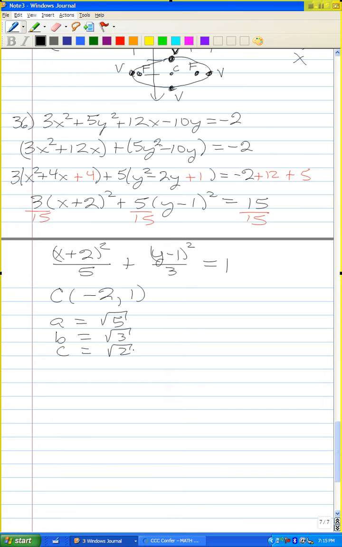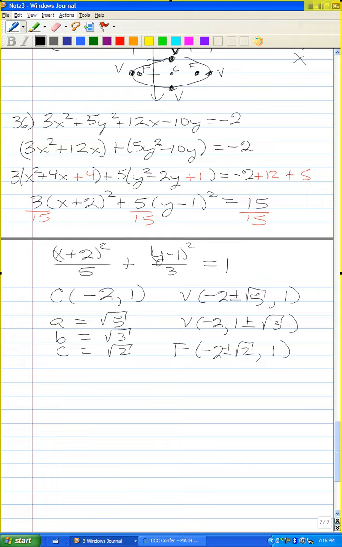And so the vertices are at -2 plus or minus rad 5, 1. Negative 2, comma 1, plus or minus rad 3. And the foci are at, let's see, A is bigger than B, and so negative 2 plus or minus rad 2, 1. And so those are the vertices and foci.